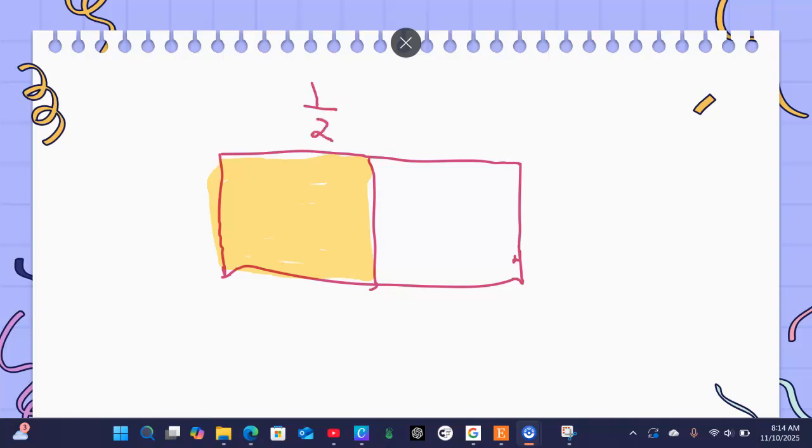Okay, so we have 1/2 pan of macaroni, and we have to share it with some people because that's what happens with macaroni, right? You share it with people. So let's just say that for this instance, I'm going to share it with 3 people. I am going to partition my box into thirds. Now, this is basically when you're going to a party and you're coming in late, and you have the macaroni and cheese already cut up in this portion.